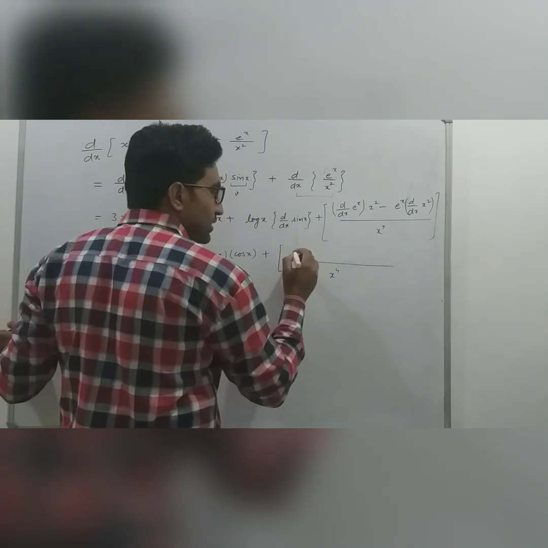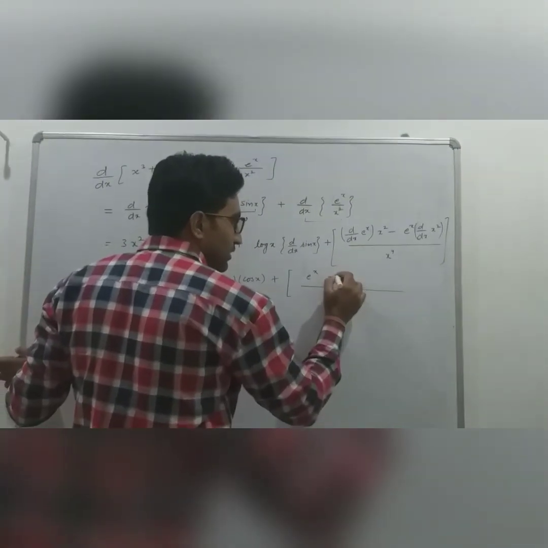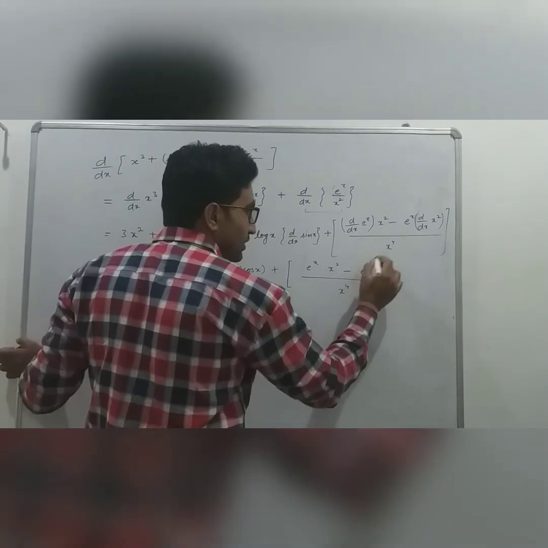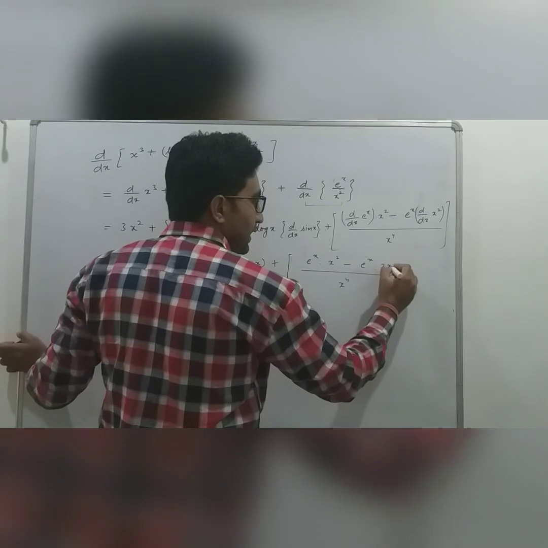The differentiation of exponential x is exponential x times x² as it is, minus exponential x as it is, and the differentiation of x² will be 2x.